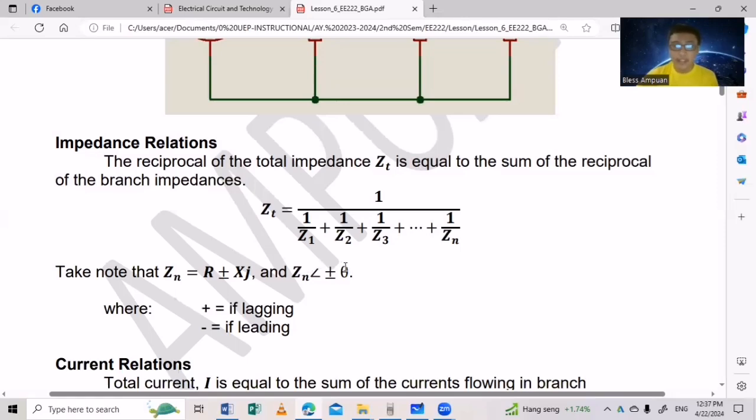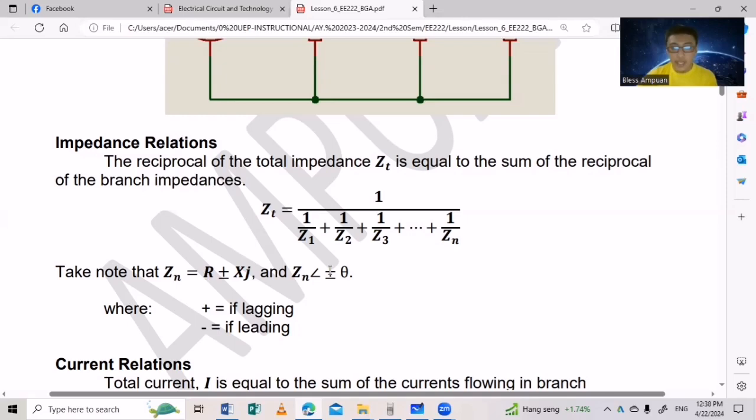Now, in the impedance, if it is plus, it is lagging. If negative, leading. It is different in terms of current. If it is minus, it is lagging, and plus, it is leading. So the phasor forms for the current and impedance are different.